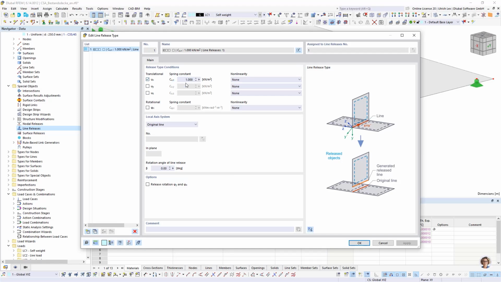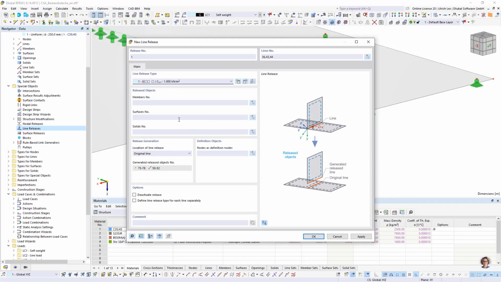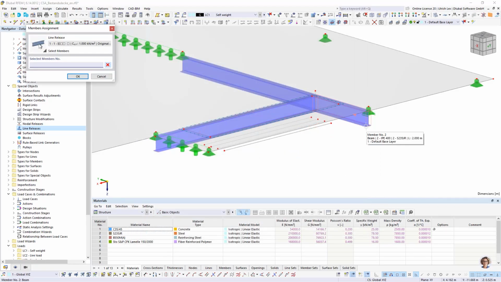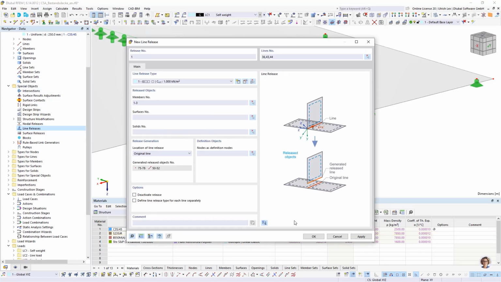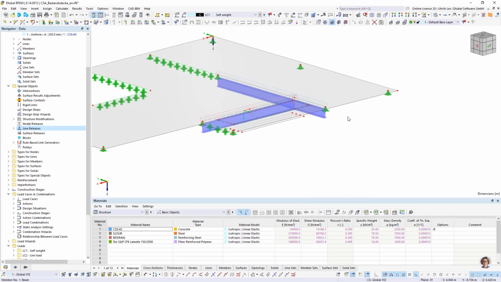So I only have a small spring constant in the x-axis, and the other forces are fully transferred. Okay, and I want to release my newly created members. This one, and this one. Okay, and say okay.